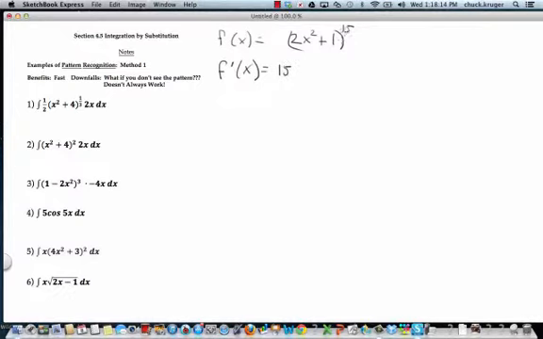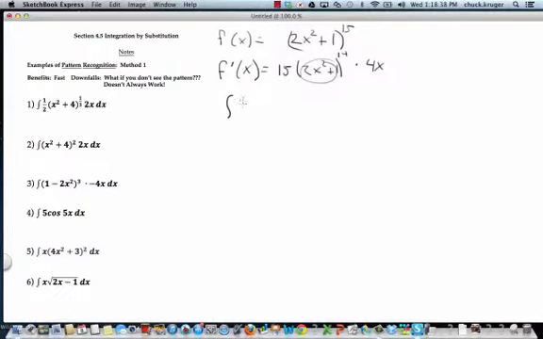I take that 15 and multiply it by the coefficient out front. My quantity stays the same. I subtract 1 from 15 to get 14, and then I take the derivative of the inside and get 4x. So that's my derivative.